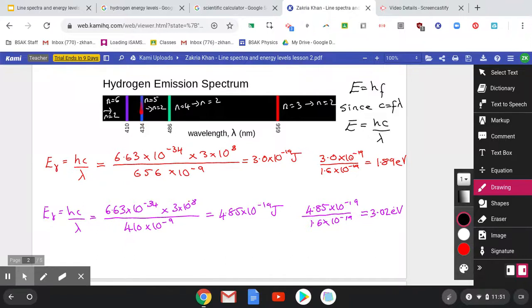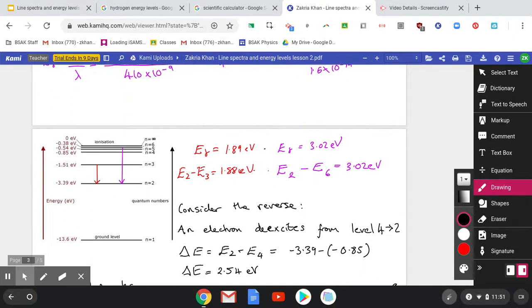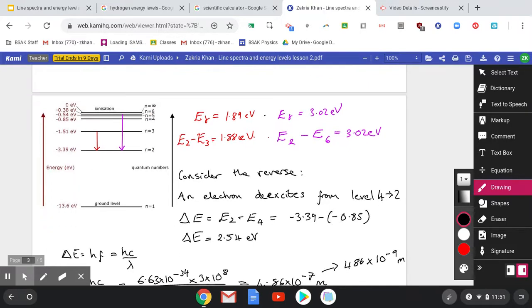So this blue line is a photon released when an electron de-excites from n equals 5 to n equals 2. Using this value here, you can work out the energy of that photon, and then you can work out the difference between these two energies of n equals 5 and n equals 2, and you will end up with the same number.